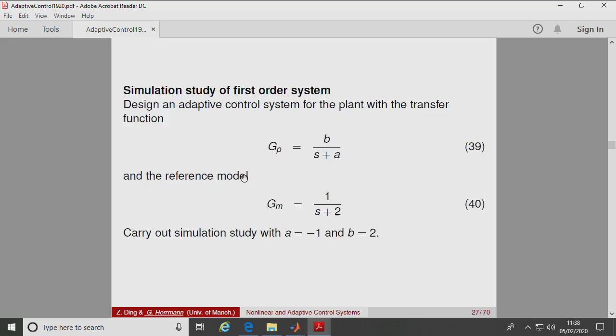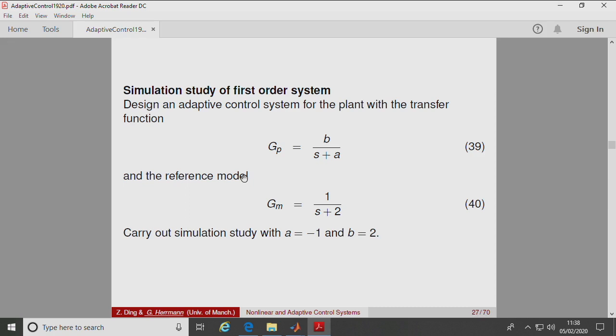Time is slowly going. I will see if I want to get the proof done, but I've been thinking how to do this. It's possible. The point is we have also a simulation study. I will upload it so that you can play with this, because I have some other plans.